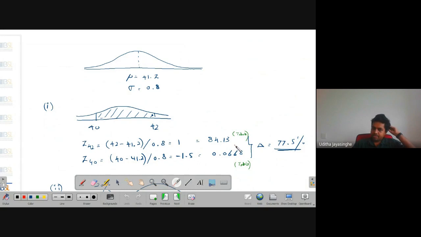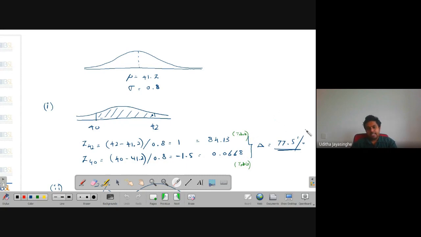And from the tables, if I look for the area under the curve, for the first area, this area to the left of the curve, I'm talking 42, is 84.13. And the second area, the small area, I'm getting as 0.0668 or 6.68%. The delta or the negation is the answer.